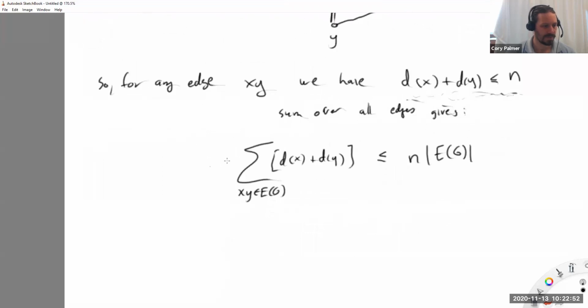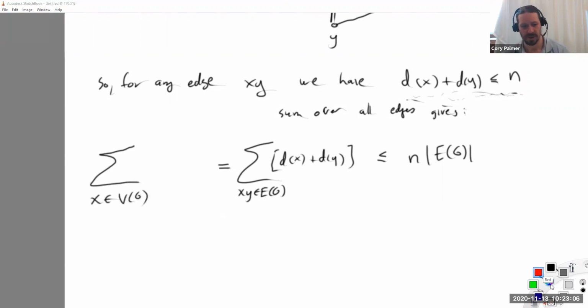But there's a really cool way that we can rewrite this sum here. This sum is over all the edges of the graph. I want to rewrite this sum in such a way that it's over every vertex of the graph and has something to do with degrees. So let's think for a little bit about what's going on. Imagine we're looking at vertex z. Just grab a random vertex in the graph.